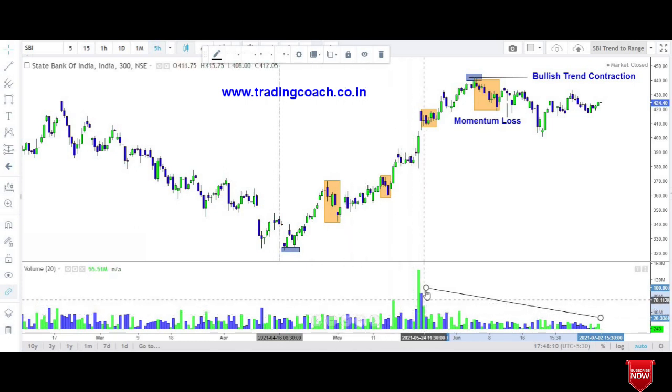But from here, you can notice a drastic decline in volume, which means less trading activity, fewer trades taking place, and so we won't see much movement in the stock prices. Anyone trying to take a position over here is most likely to either be locked into the position or see some losses, right? So this is how bullish trend contraction works.